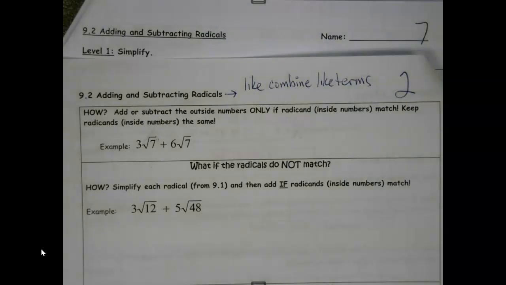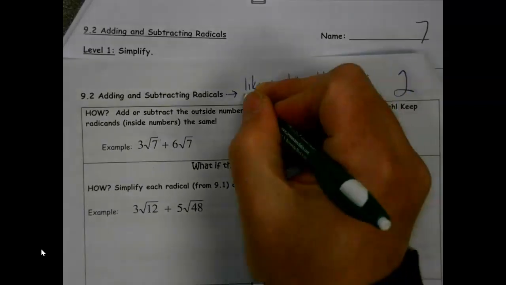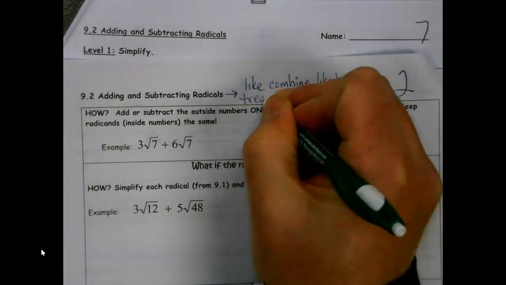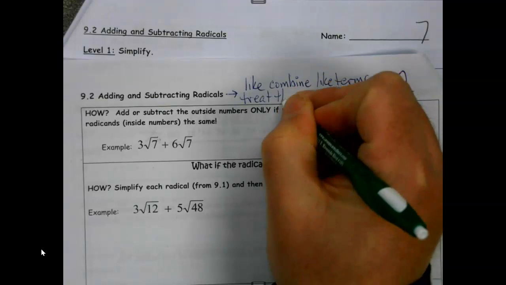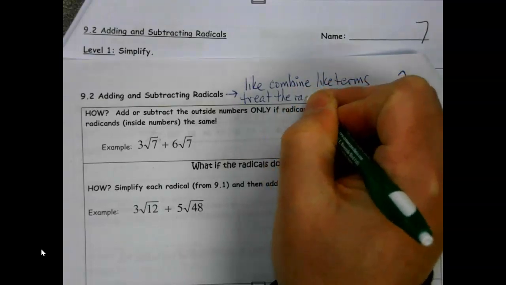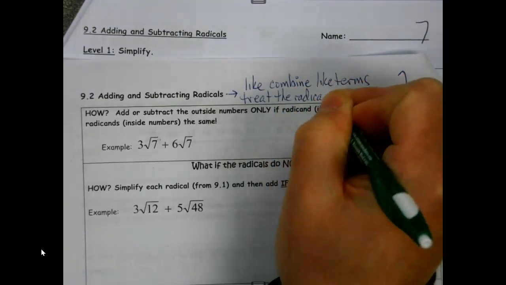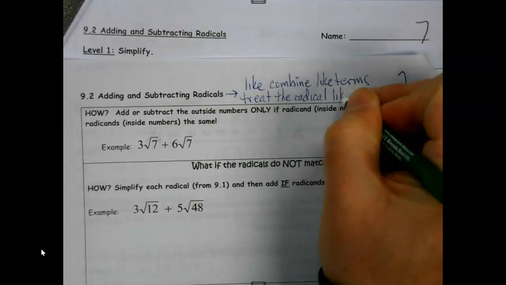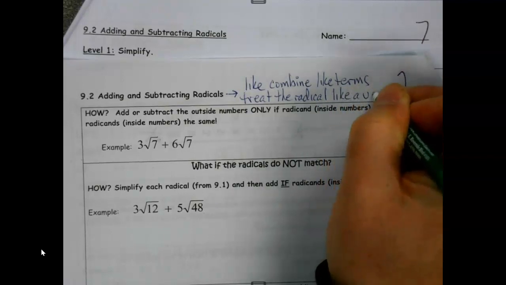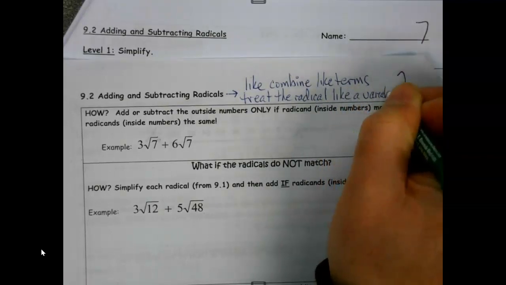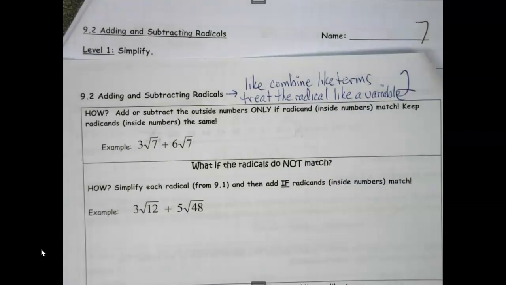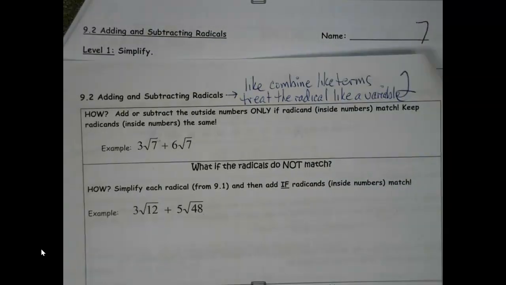And so two things I always like to mention to people at the start here. First is, this is going to be just like when you're combining like terms, we're going to treat the radical like a variable.